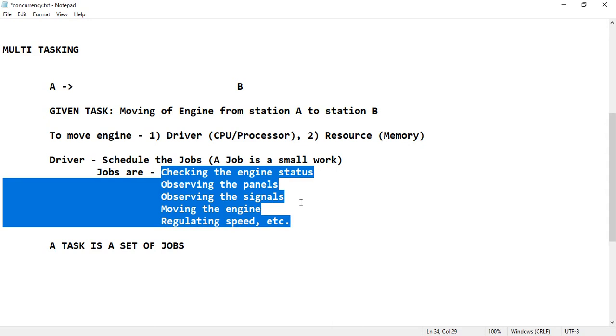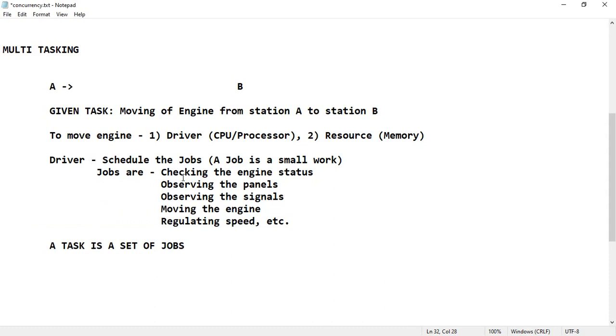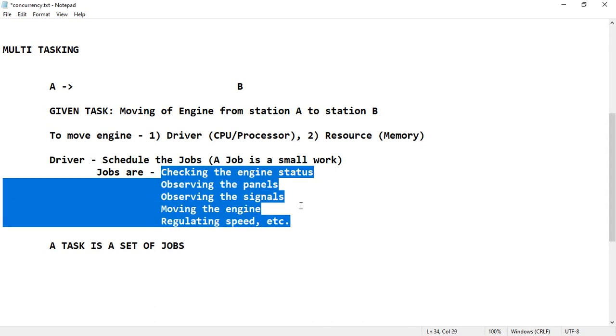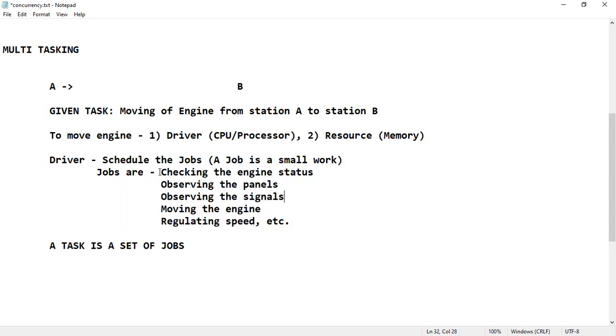If it uses the first come first serve algorithm, that means whatever job is first in the task set will be executed first. In case of round robin, there will be different rounds. For every round some fixed time will be allocated. Within that time, whatever amount of a job can be executed will be executed, and it will save the status, pick up the next job, and execute that job for a fixed amount of time.